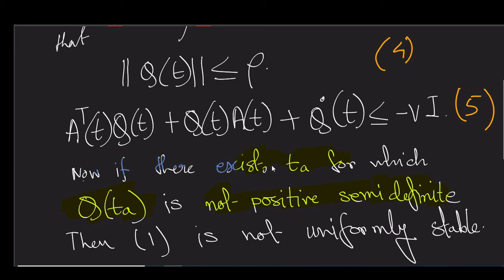Our equations 4 and 5 are structure-wise quite analogous to equations 9 and 10. The only thing is that we cannot write the lower bound, because, as I have mentioned, Q(t) is neither positive definite nor positive semi-definite, so that makes Q(t) free from that kind of bound.